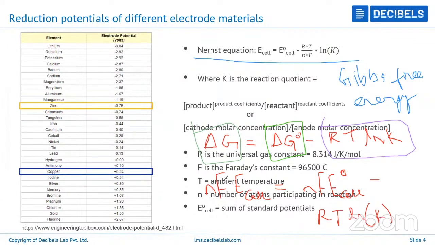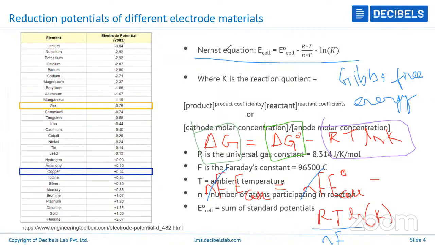Further, to simplify this equation, we take NF from the left hand side to the right hand side. Then NF gets cancelled for these two terms, and it becomes RT by NF. Please do mention this on a new line; I don't have space, so I'll just be writing it like this.